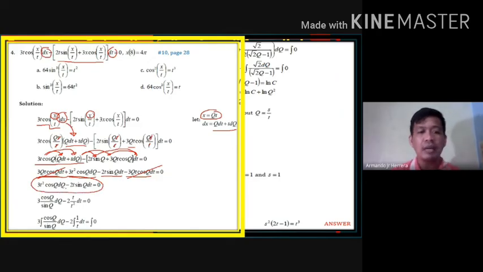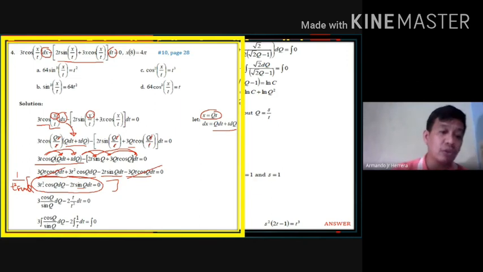So again, with respect to q, lahat ng hindi kailangan i-divide. So sa first term, i-divide natin siya by t squared. Sa second term, ang hindi kailangan ay sine q. So di-divide ko siya by sine q. So pag dinivide natin sa sine q, yung t squared at yung t squared dito magiging 1 na lang.